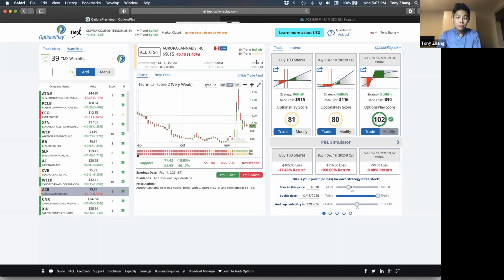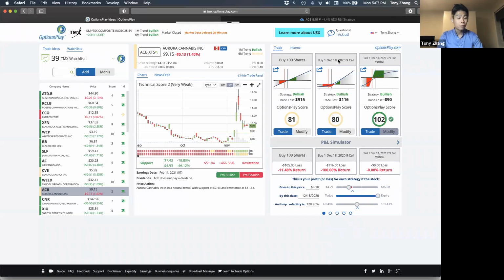Yes. That's part of the reason that we don't want this to expire worthless, is because there are some very extreme edge cases where it is possible to lose more money than the defined risk of the strategy.